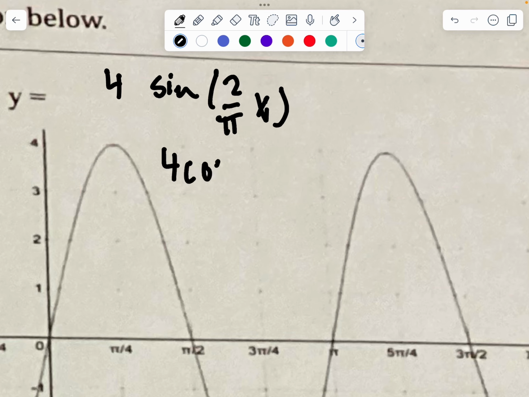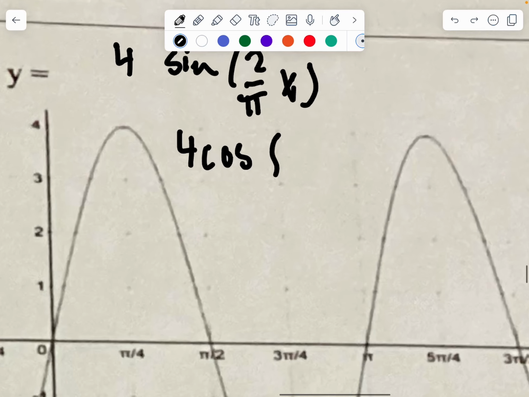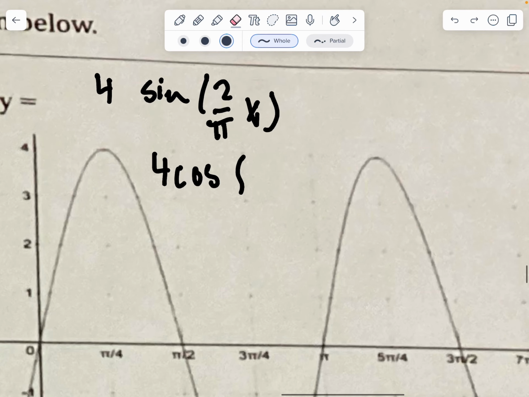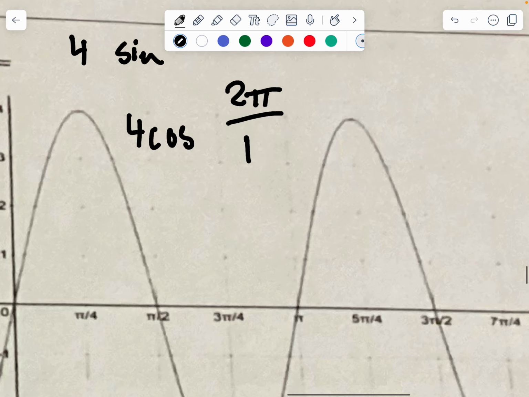Cosine: 4 cos 2 pi. Wait, I think I'm tripping. I think the b value is 2 pi divided by the period, which is pi.